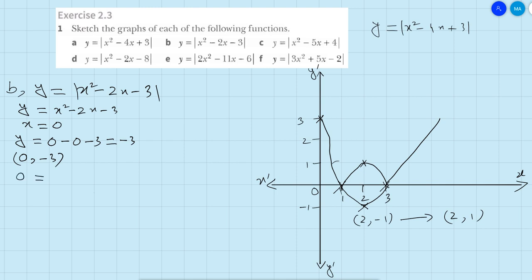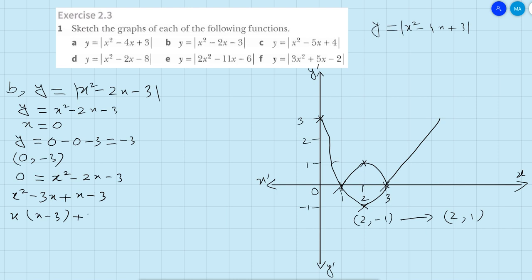So 0 is equals to x square minus 2x minus 3. Apply the middle term break method. 3 ones are 3, 3 minus 1, 2. X square minus 3x plus 1x minus 3. X is common.